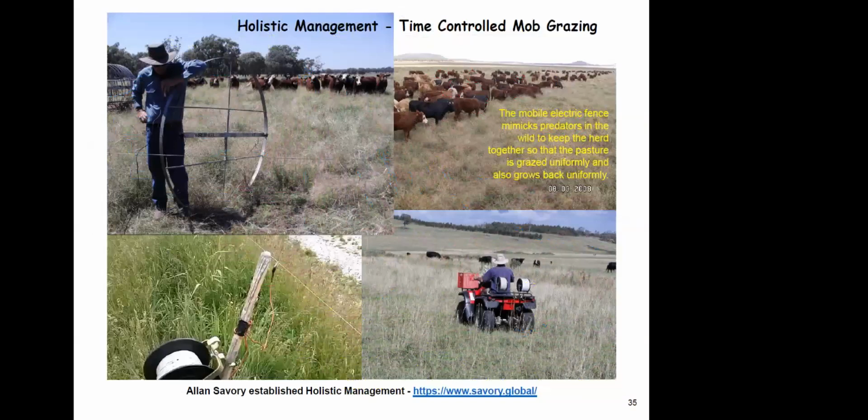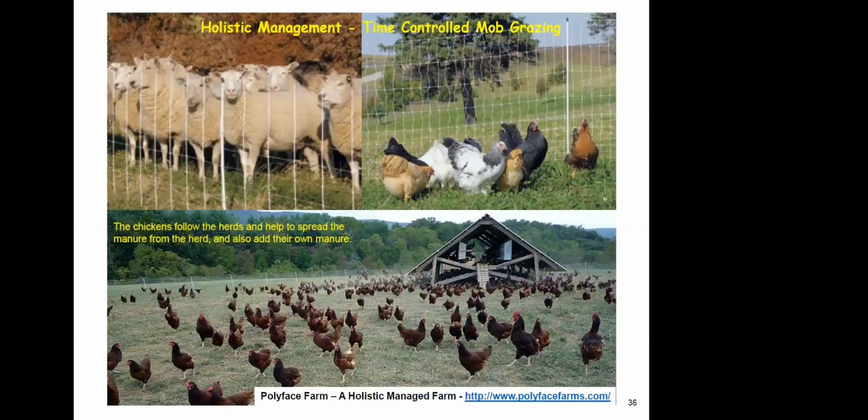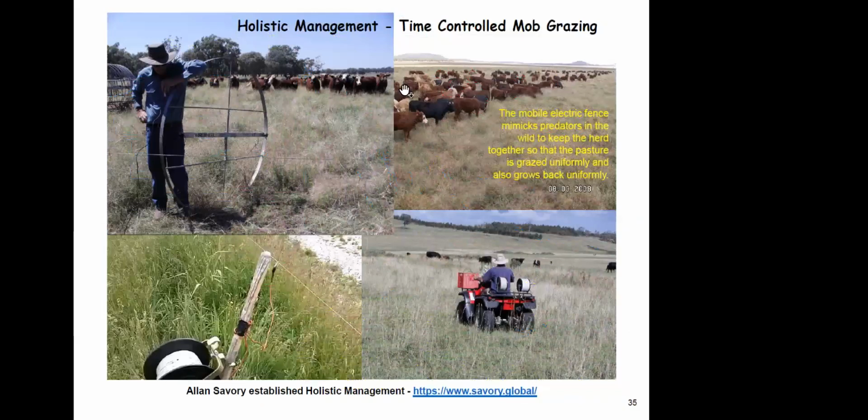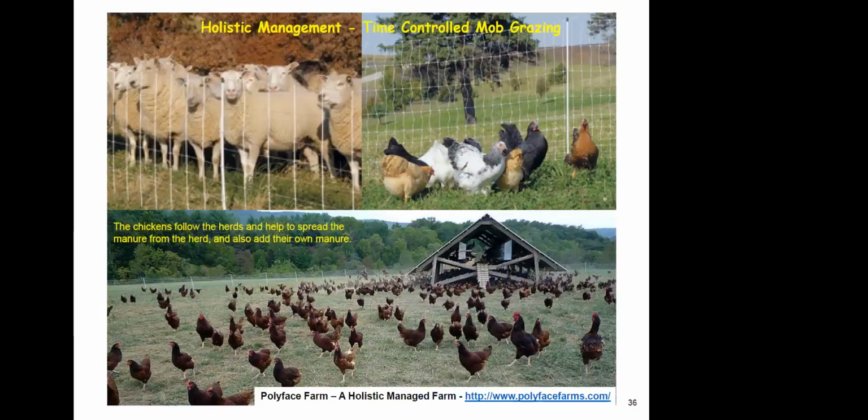Then mob grazing, I think we spoke about it briefly, but there are some good examples from Allan Savory, who set this up. And the proponents, Polyface Farm, really went to the nth degree here. Going back to the slide, sorry, they did this very successfully with cattle. But the guy from Polyface Farms, I forget his name now, sorry, got so anxious that the cow manure was just sitting there and not doing much else.